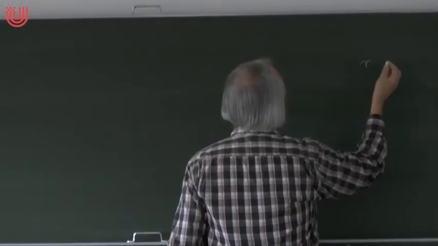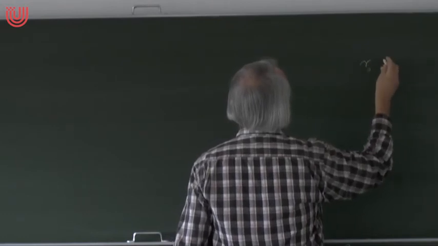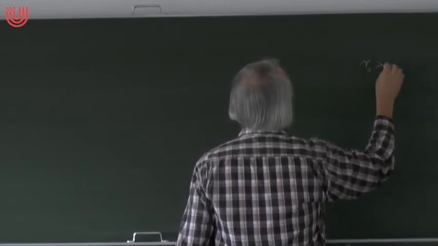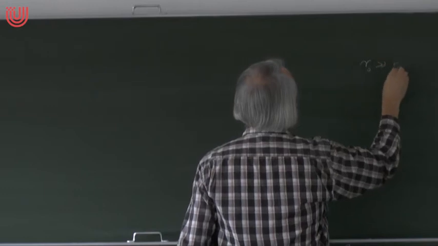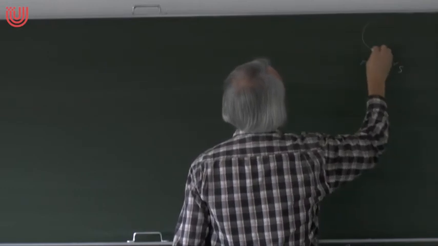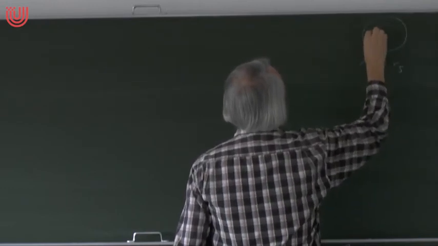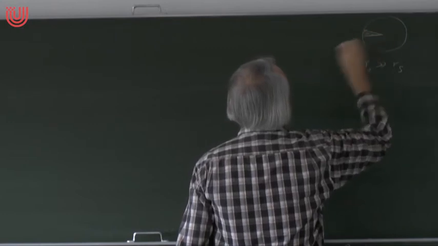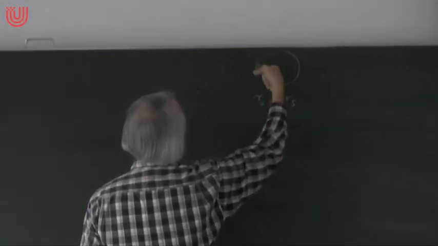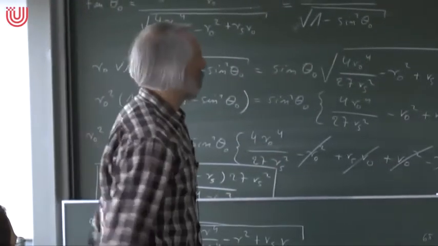So if you are far away, so if you are R_O, say, very big in comparison to R_S, then what you have is that a tiny part of the sky is dark. So this is a cone, and the opening angle of this cone is theta_O. So you see a tiny dark spot in the sky if you are far away from the black hole.